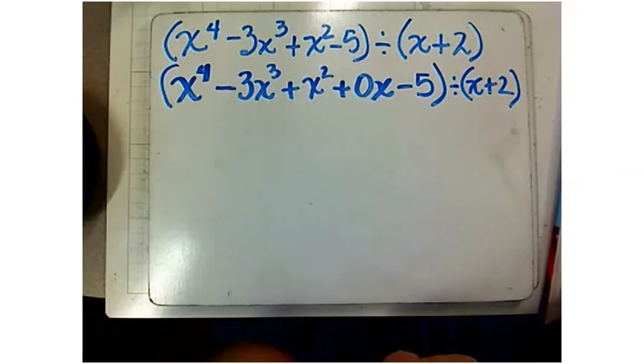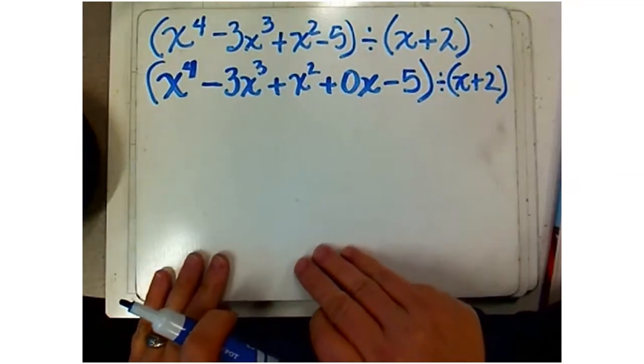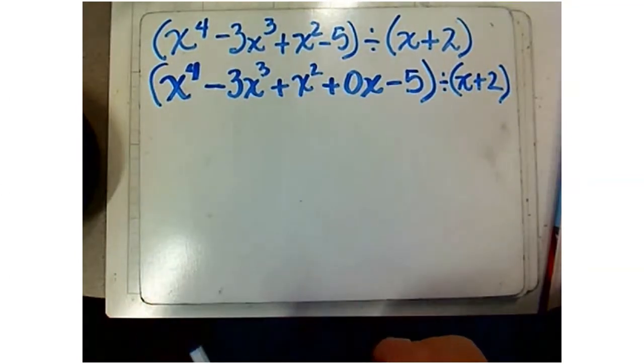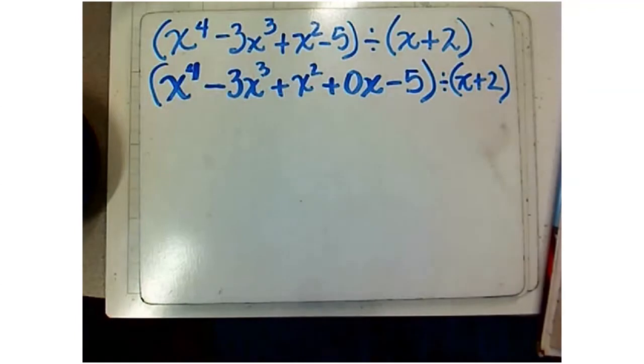It's like an illusion. That descending order is really important. You've got to make sure you have something for everyone. If it starts at x to the 6th, you've got to have something in the x to the 5th position, x to the 4th position, x to the 3rd position, x to the 2nd position, the x position, and then a constant. Anywhere you don't have that, you have to put in a 0.